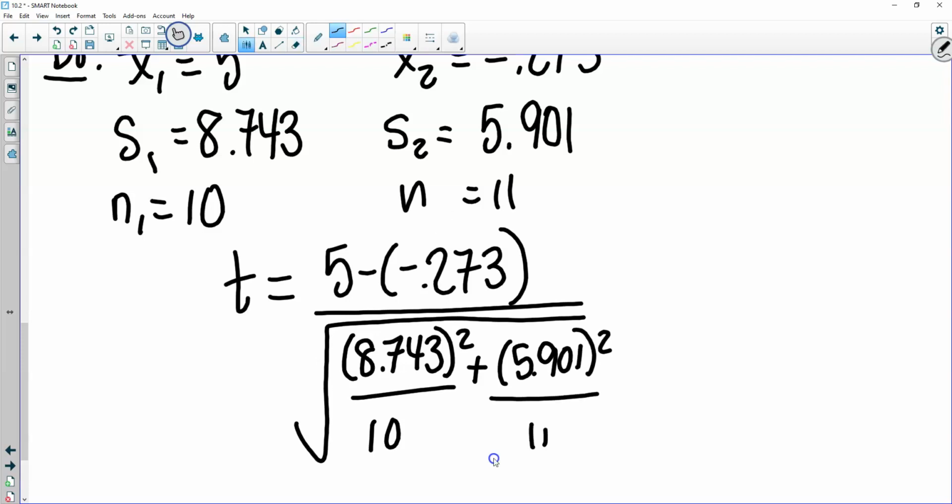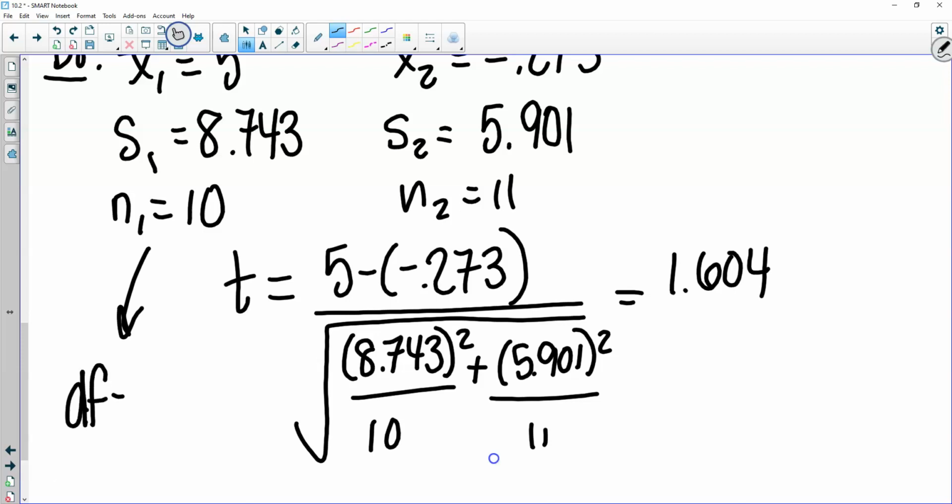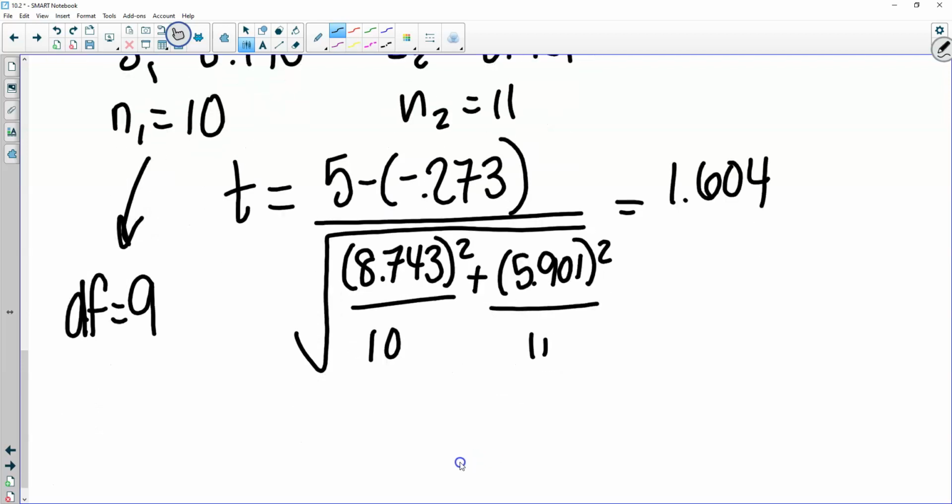This should say N2. And our t-test statistic is 1.604. With that, I'm going to use my degrees of freedom as one smaller than my smallest sample size, so it's going to be 9, and then with that I'm going to find a range for my p-value. It's going to be between 0.05 and 0.1.